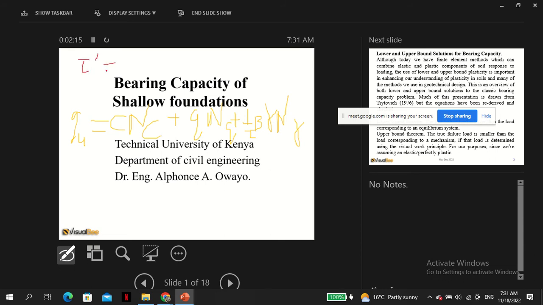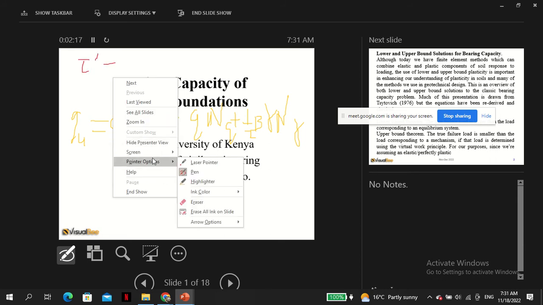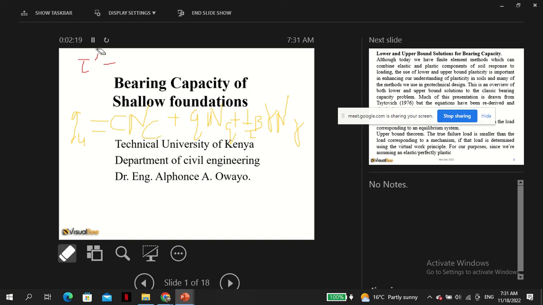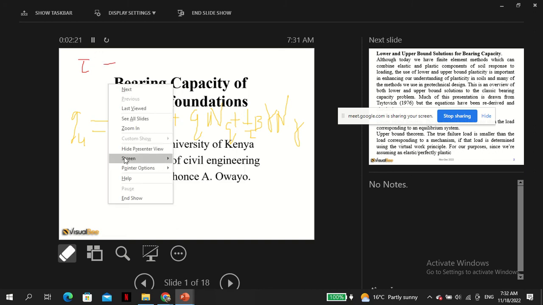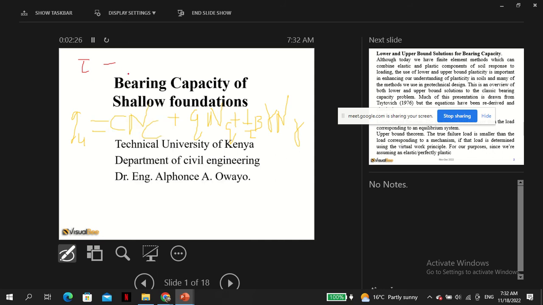Tau equals, no, that's not right. Tau cannot have a prime, so tau is just tau. Shear strength is just shear strength. So shear strength is C plus sigma tan phi.